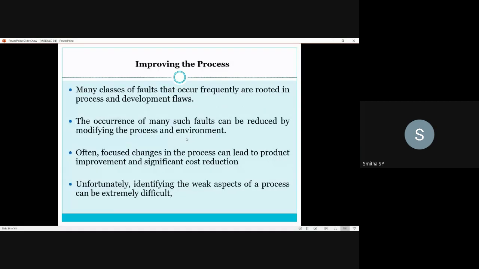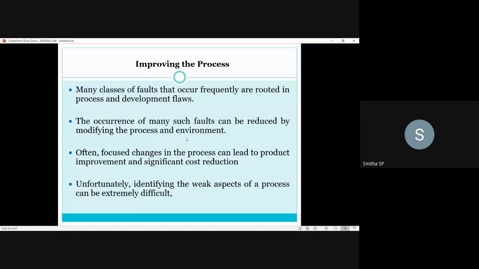Next is improving the process. As I said, many of the processes and development flaws themselves will be having many of the faults, many of the classes of faults occur frequently, and they are rooted in this process and development flaws itself. So how to remove that? In the sense, you have to modify the process and you have to change the environment.